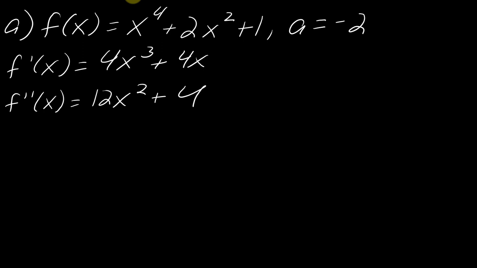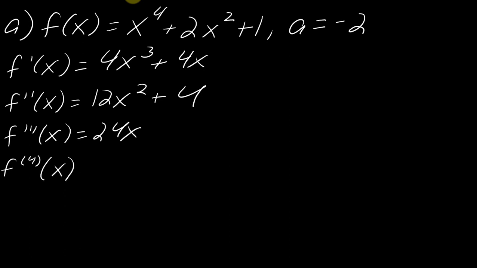The third derivative is 24x. The fourth derivative is 24, and then after that, all the other derivatives go to 0.